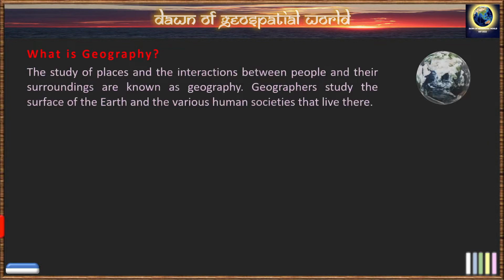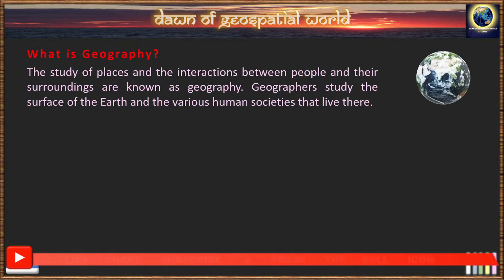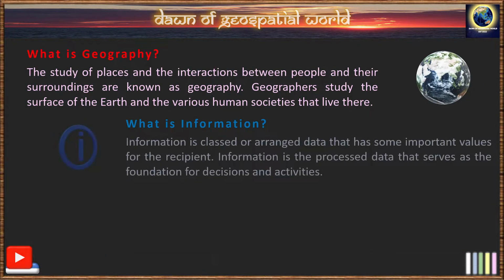What is geography? The study of places and the interactions between people and their surroundings is known as geography. Then, what is information? Information is classed or arranged data that has some important value for the recipient. It is processed data.